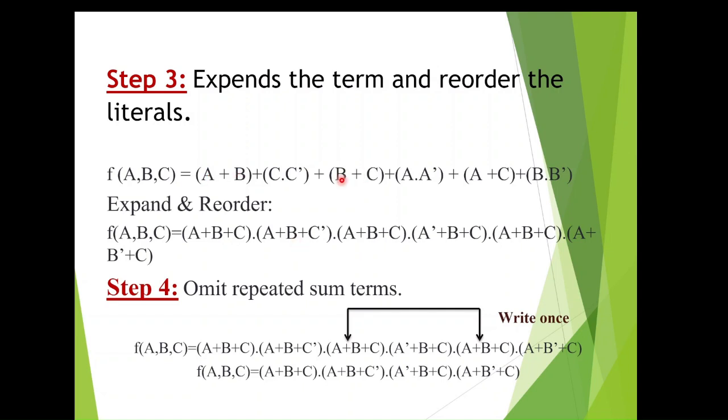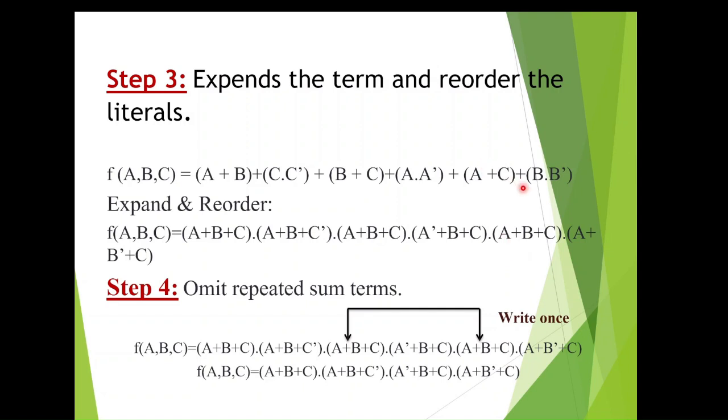Similarly here, b plus c plus a dot a dash is a plus b plus c, a dash plus b plus c. We have to be careful in writing the variables in the order of ABC. Then only we can write the max terms properly.